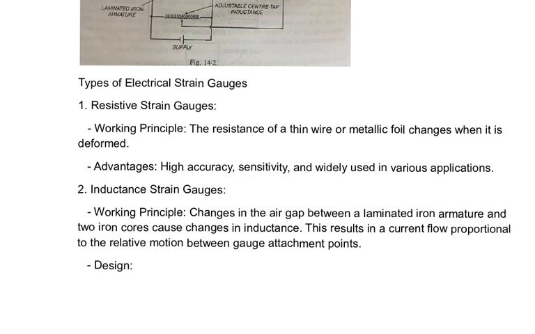In the inductance strain gauge, changes in the air gap between a laminated iron armature and two iron cores cause changes in inductance. This results in current flow proportional to the relative motion between the gauge attached points. So these are the types of strain gauges. You need to know the resistive strain gauge as well as the inductance strain gauge.